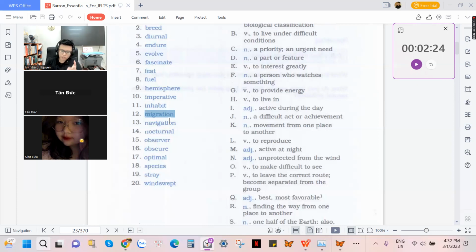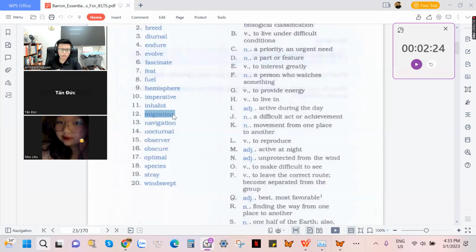They use the word migration: the migration of bears, the migration of dolphins, the migration of elephants, for example from Cambodia to Vietnam, or the migration of birds from China to Vietnam, the migration of dolphins from Truong Sa Sea to Hoang Sa Sea, for example. So the word migration means the movement of somebody from one place to another place.